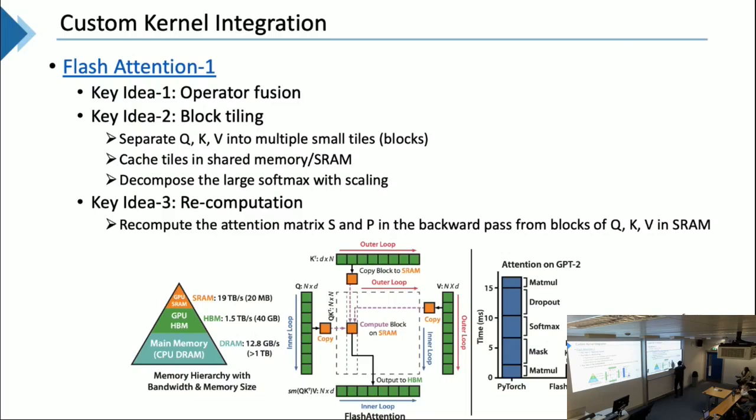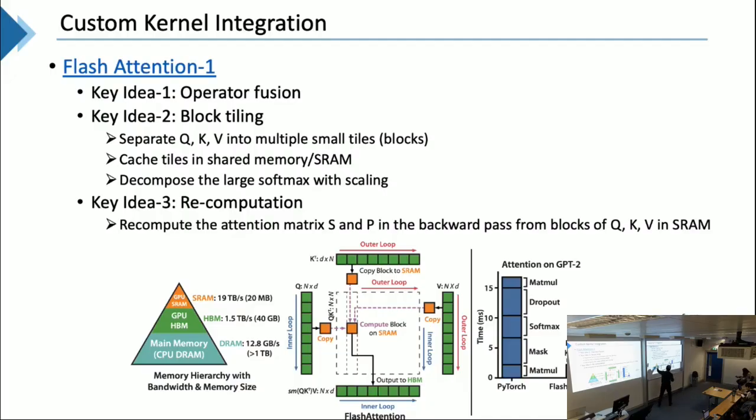However, we only have a limited amount of SRAM in on-chip memory. So we have to use the second key technique called block tiling. We try to block Q, K, and V into multiple chunks, and we only cache one chunk at a time to reduce the on-chip memory consumption.